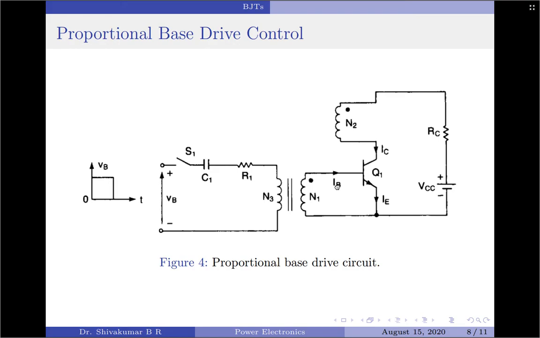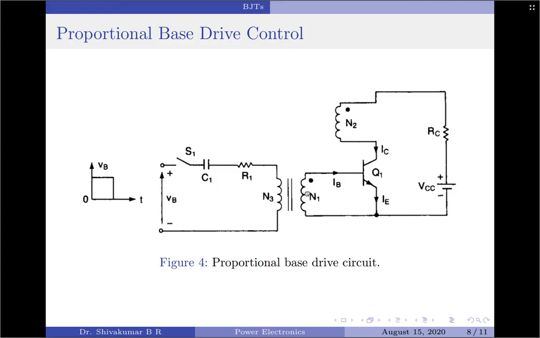Now, for the proper operation of the circuit, the magnetizing current, which must be smaller than the collector current, should be as small as possible. The switch S1 can be implemented by a small signal transistor, and additional arrangements are necessary to discharge the capacitor C1 and reset the transformer core during the turn off of the power transistor.